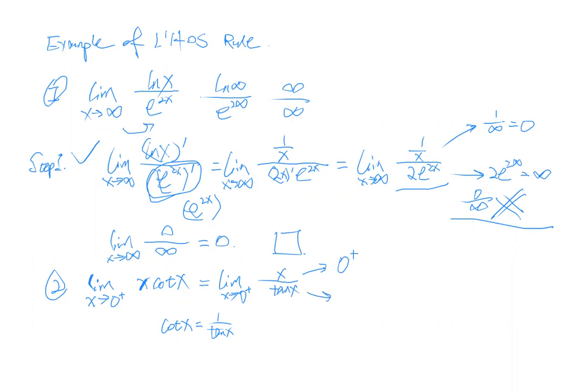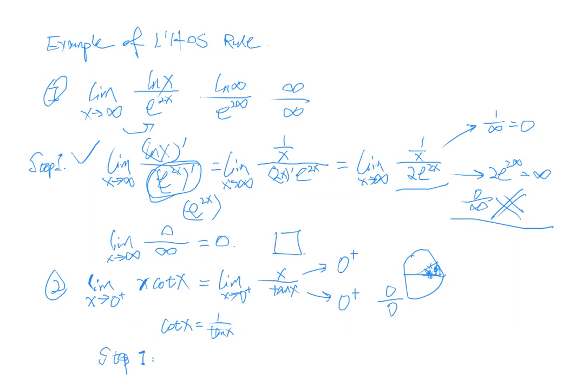You also get 0, which is also positive. Because tangent is sine over cosine, so when x goes to 0, it's really close to 0 over 1, which is 0. So now it's a form of 0 over 0, which means you can apply L'Hopital's rule.